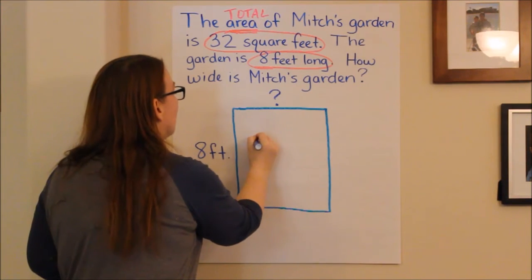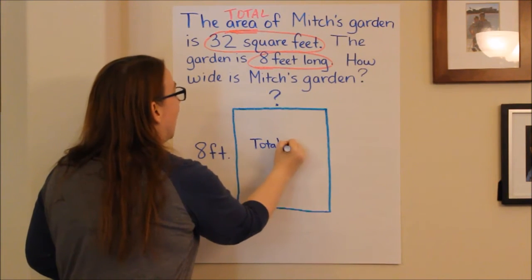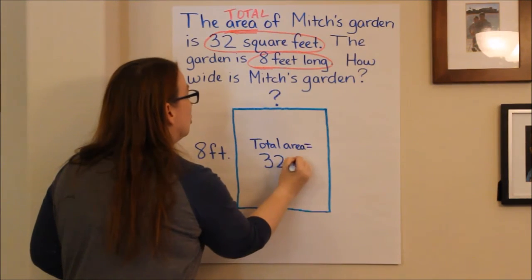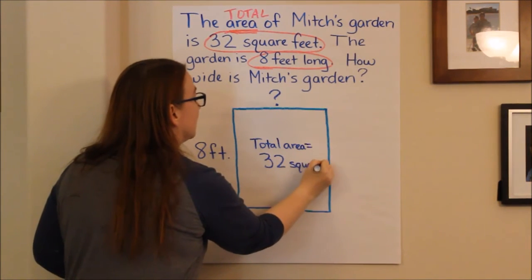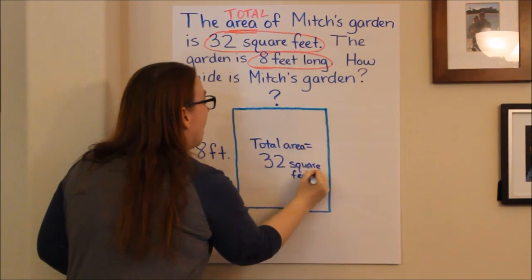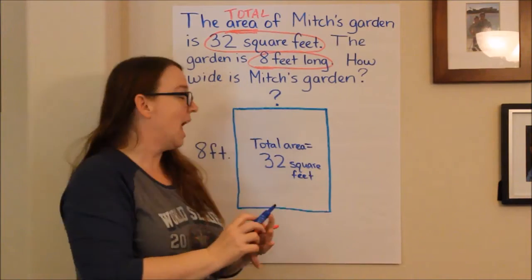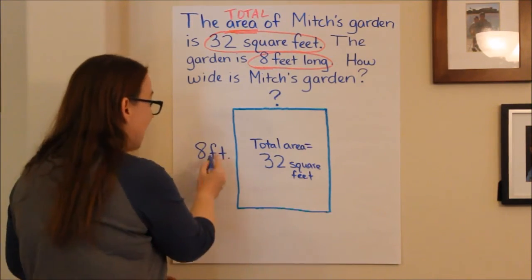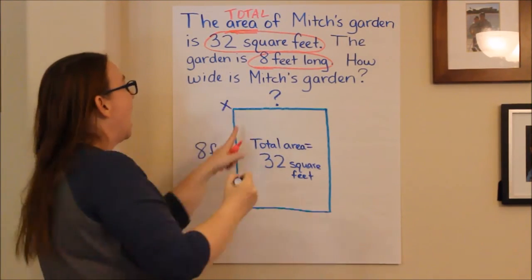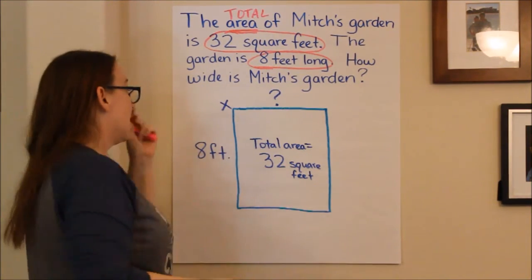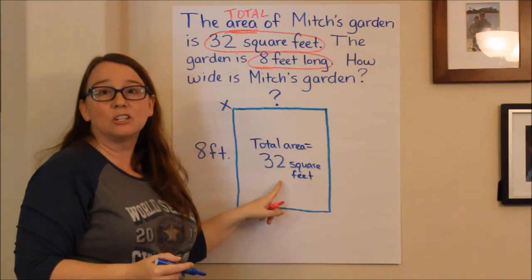But I do know that the total area is 32 square feet. But I can still use a multiplication equation to help me to solve this problem. I know that one of my factors is an 8, and my other factor is unknown. I don't know what it is, but I do know what my total is.